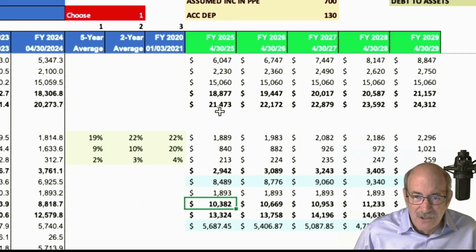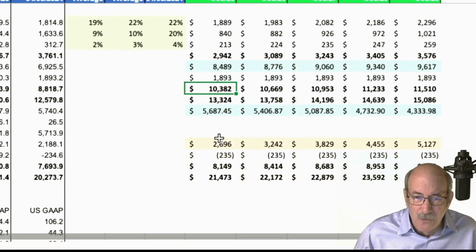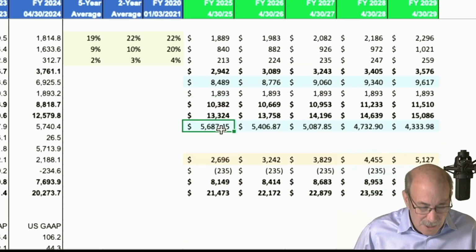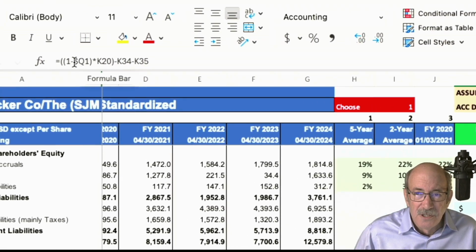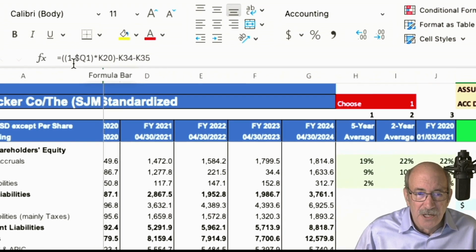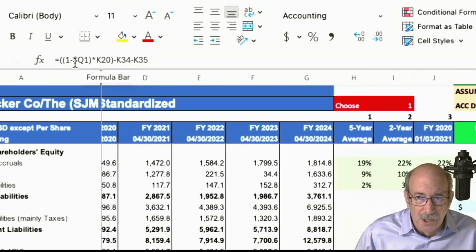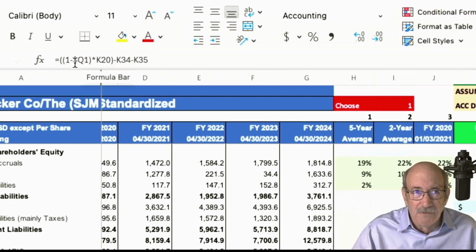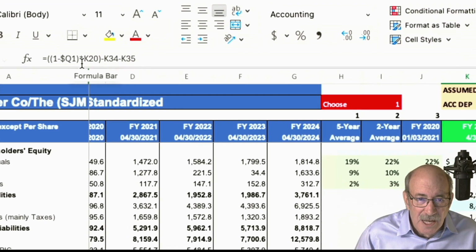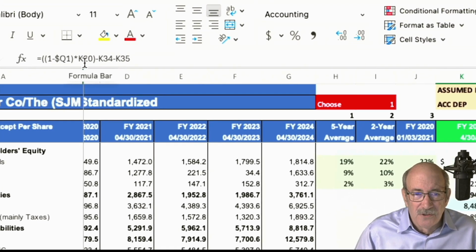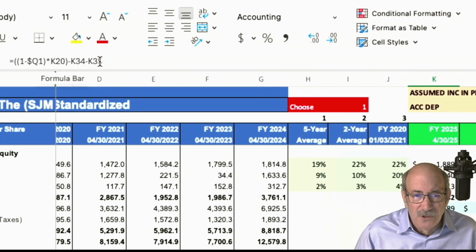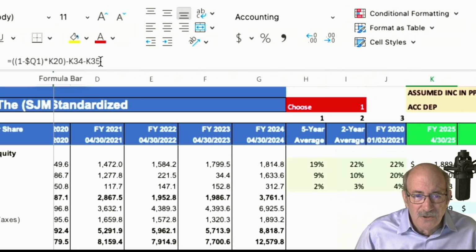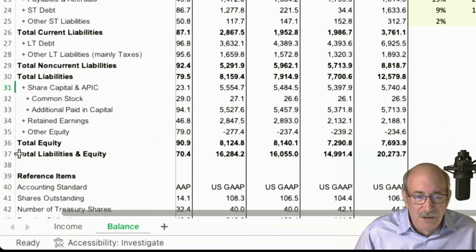I do the exact same thing with equity, except here I want it to be 1 minus that leverage ratio. So I've got 1 minus Q1, so 1 minus 0.6205 is 0.3795, again times my total assets. Then I subtract off any of the other equity accounts that are already there, K34 and K35.